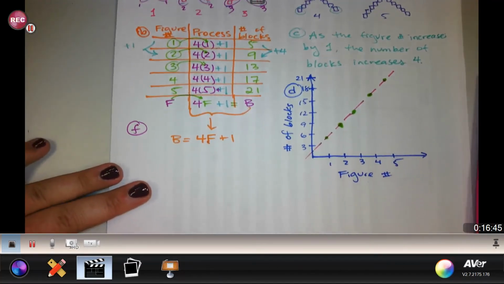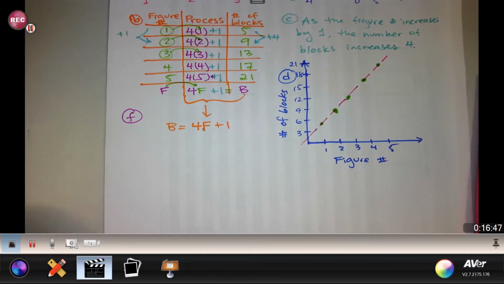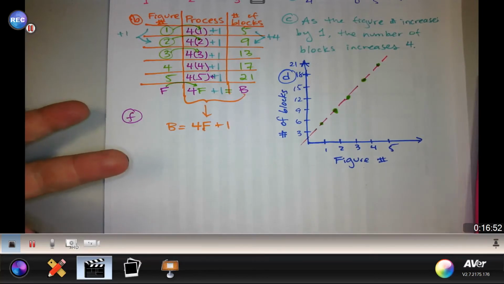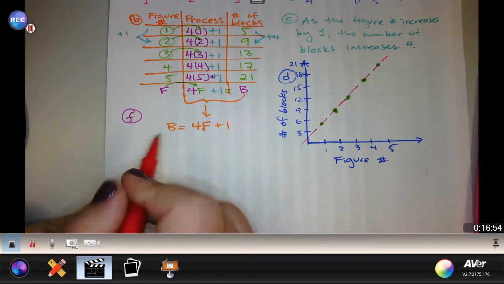Now, if you're like, just give me a formula that works every time, Miss Azor. Well, there is a formula that works every time, but you have to memorize it, guys, because you're not supposed to use notes on the test. Okay?